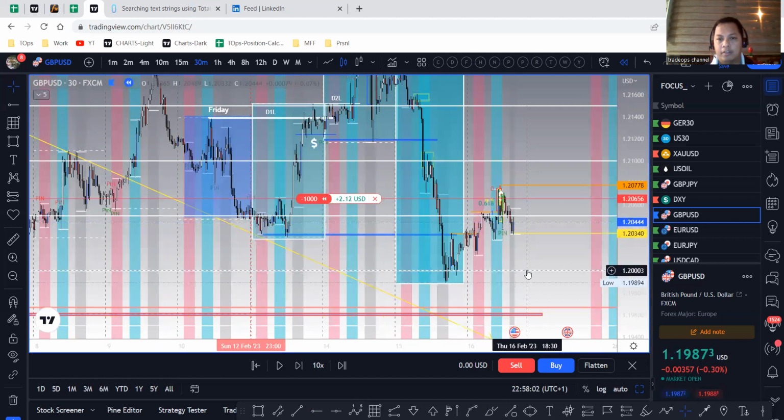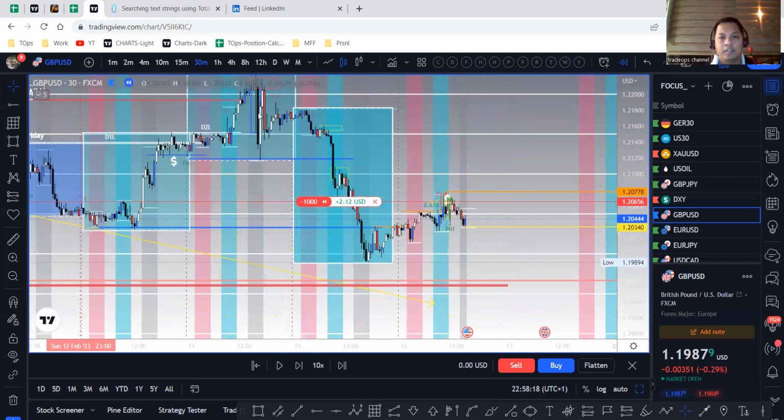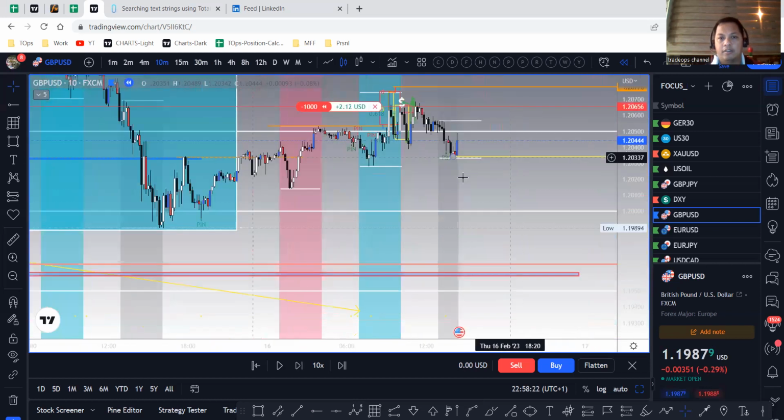So, marahil dito sa 1.2 or sa low ng previous day. Okay? And since bearish ito, pwede rin itong mapunta dito sa mid ng two round numbers or dito sa next round number. So, tingnan natin ano yung nangyari today.